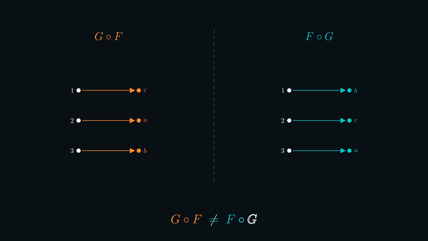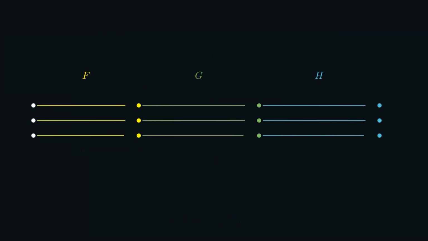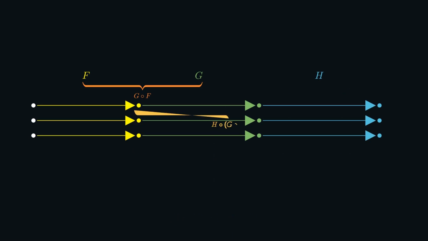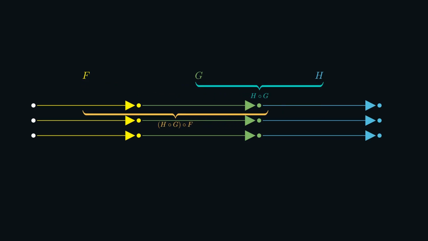Composition is not commutative in general. G composed with f and f composed with g can be entirely different functions, and f composed with g might not even be defined if the range of g does not sit inside the domain of f. But composition is associative. H composed with g composed with f equals h composed with g composed with f, whenever both sides make sense.